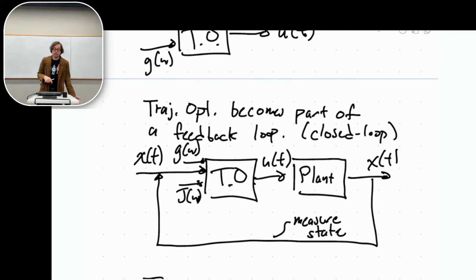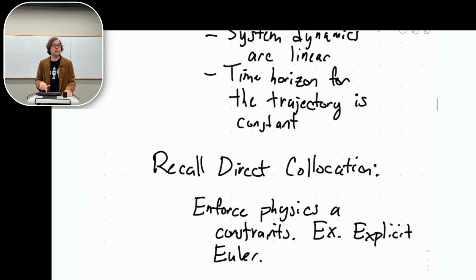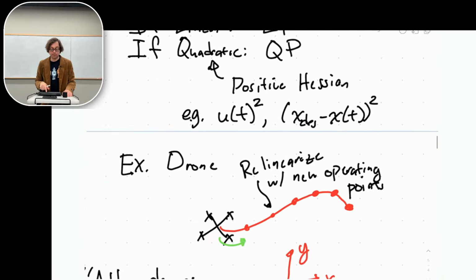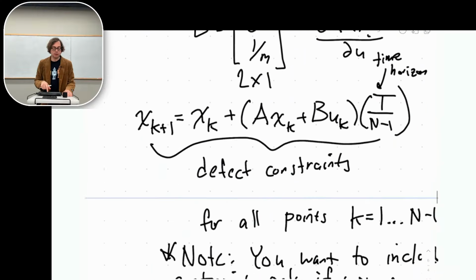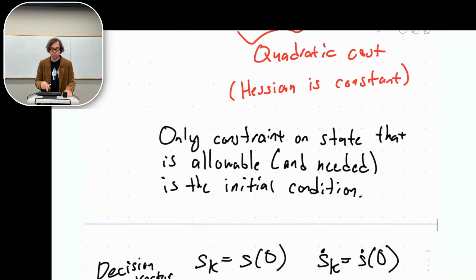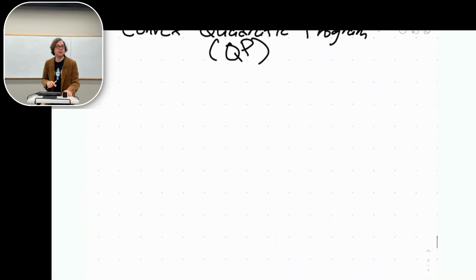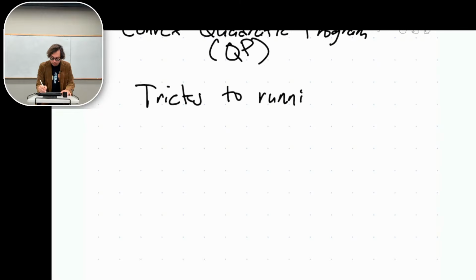Yeah. There are all kinds of tricks that you can do. QPs in general are fast and reliable if they're convex, and that is true. There are limits. If you're giving it thousands of variables, it'll still take more time than if you have 10 variables, right? So there are tricks to running QPs faster.